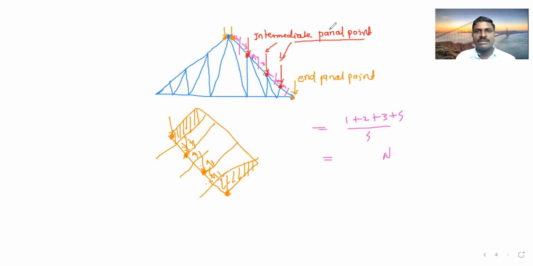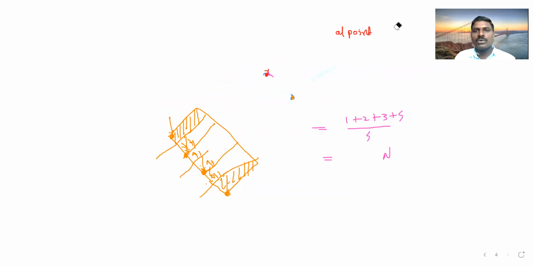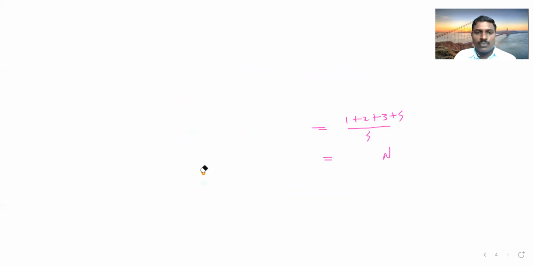This is very important: how the load acts on which point, which is the intermediate panel point and which is the end panel point. Okay, so in this way we can calculate the dead load.